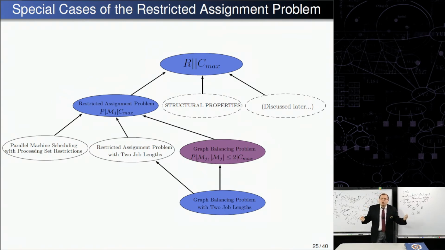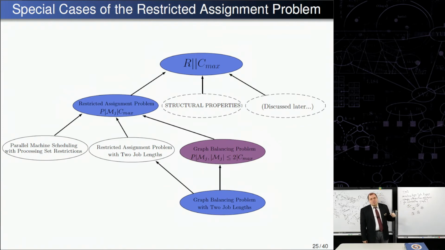What if they actually have more structure to them? For example, imagine all my jobs were associated with a given machine and I impose some graph theoretic structure on them, for example a tree or a directed chain, something like that. In these cases, there actually are positive results. For certain cases, there are actually PTASs, which is quite exciting. But I'll talk a little bit about that towards the end of this talk.